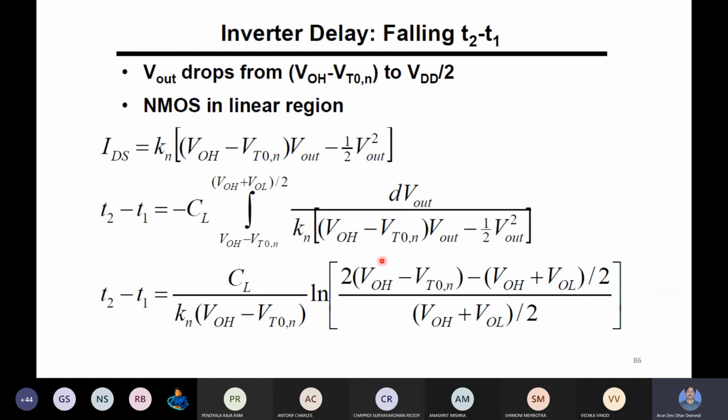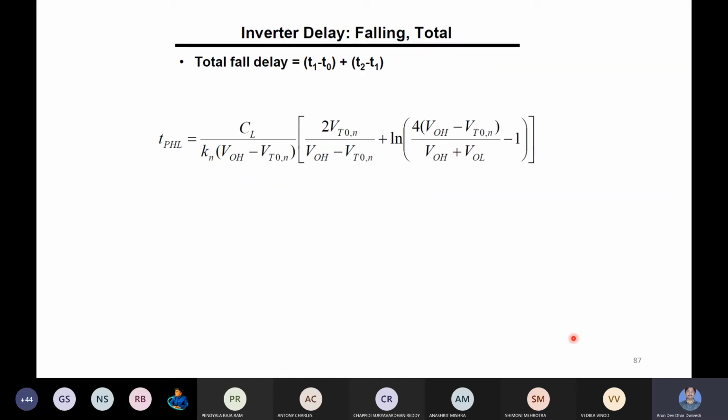Solving all of this, we get Cl over Kn (VOH minus VT0n) ln of (2(VOH minus VT0n) minus VOH plus VOL) by (2 VOH plus VOL by 2), but VOL is 0 and VOH is VDD. We can put VDD here and 0 for VOL, then it can be simplified, but we can simplify later on.